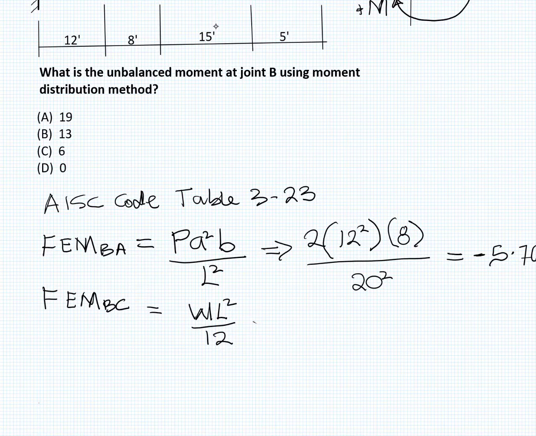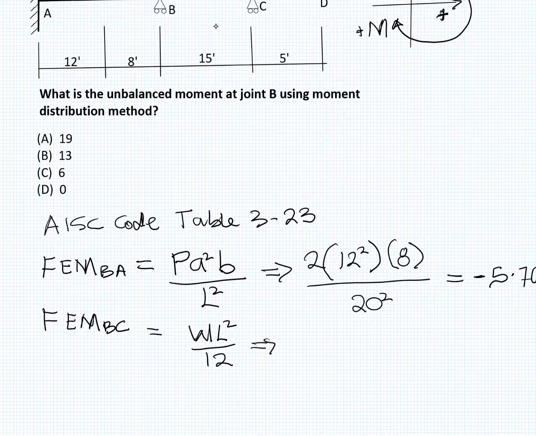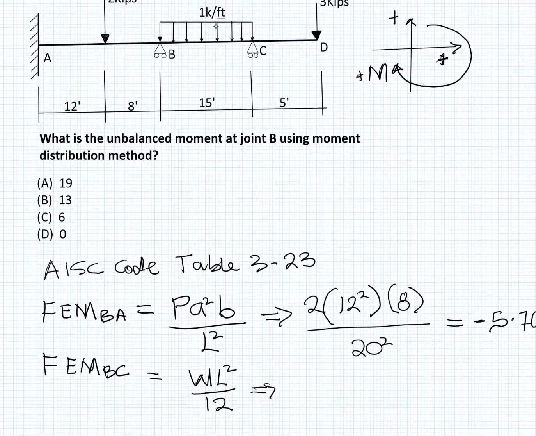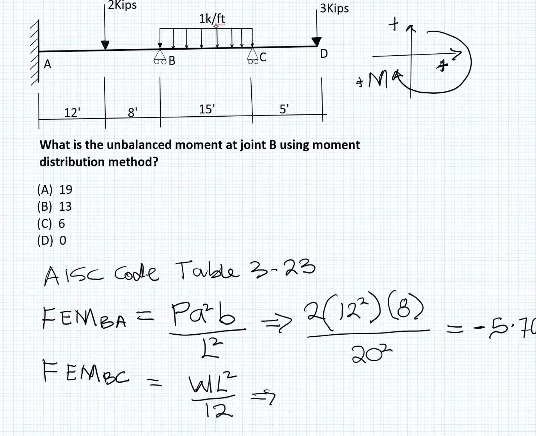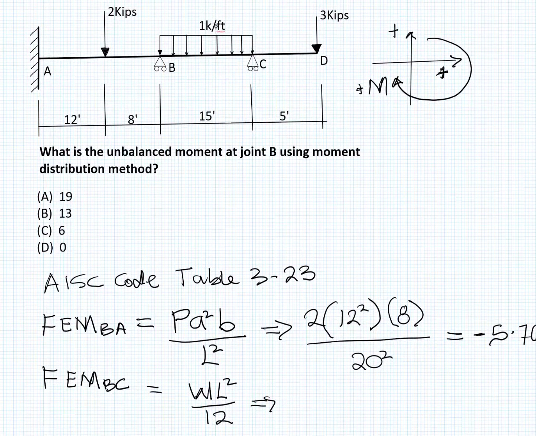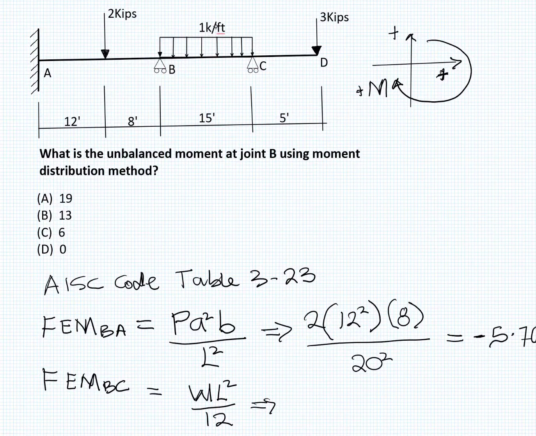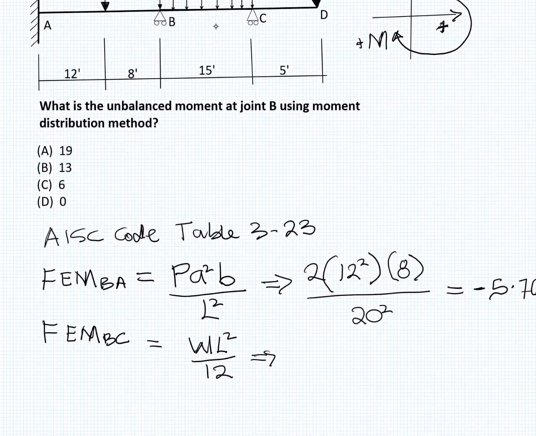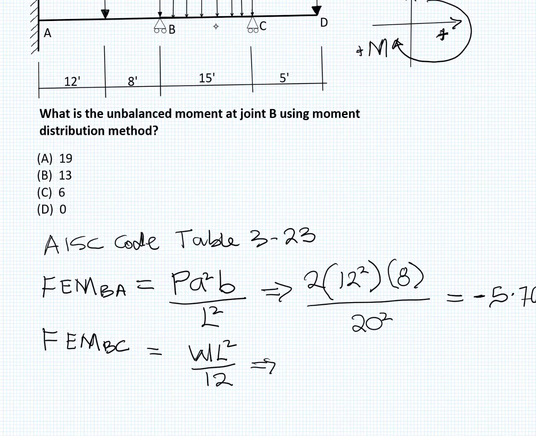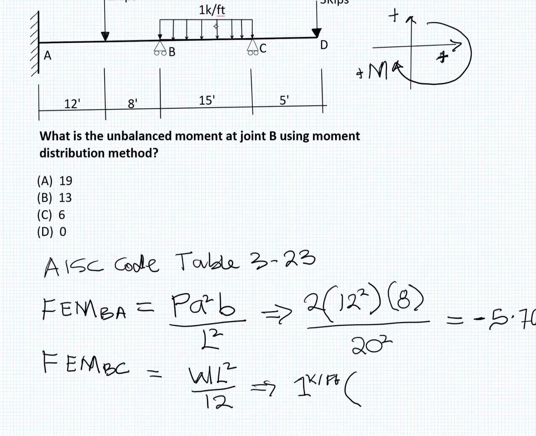So we'll go to the second force creating moment about point B, which is the load between point B and C. It's a distributed load of 1 kip per foot, and so W is 1 kip per foot. Then L is 15 feet, as you can see.